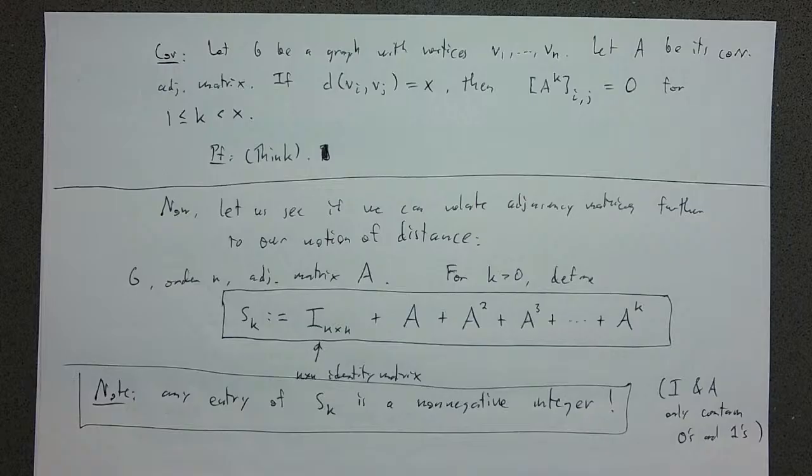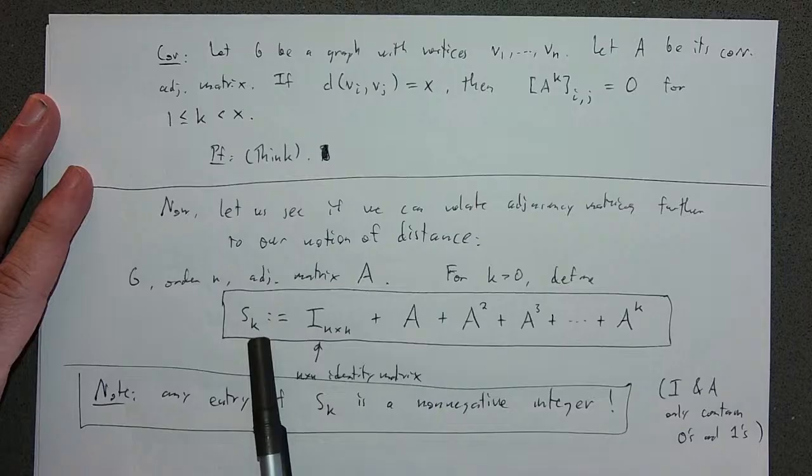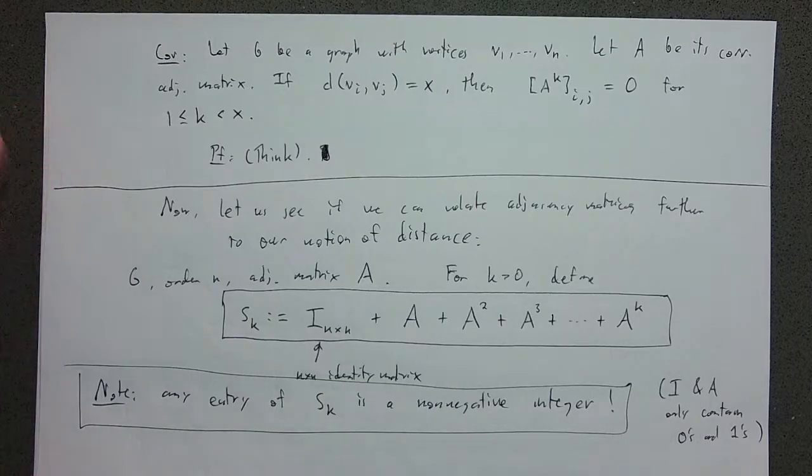Now, what this means is that if we consider this as a sequence, seeing something written like this, your brain might already be like, this reminds me of some sequence of partial sums. So now I'm seeing the S sub k's as a sequence of matrices, and indeed they are.